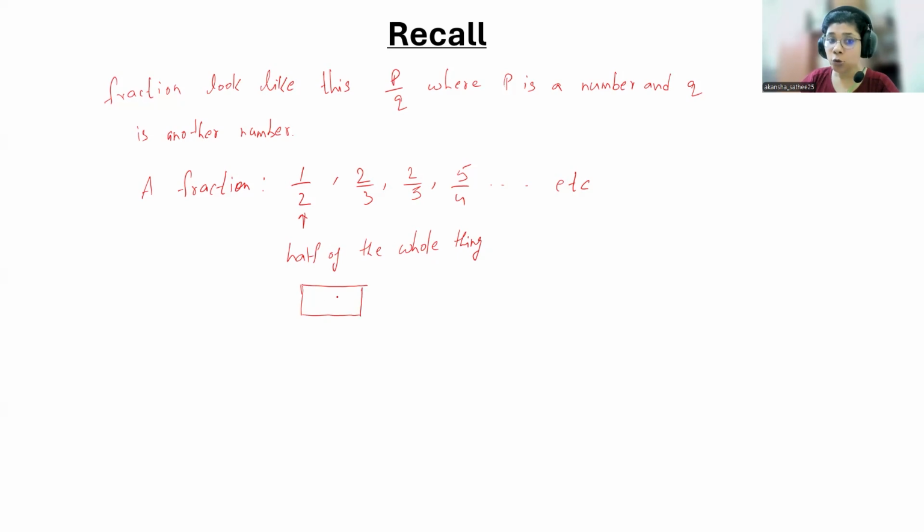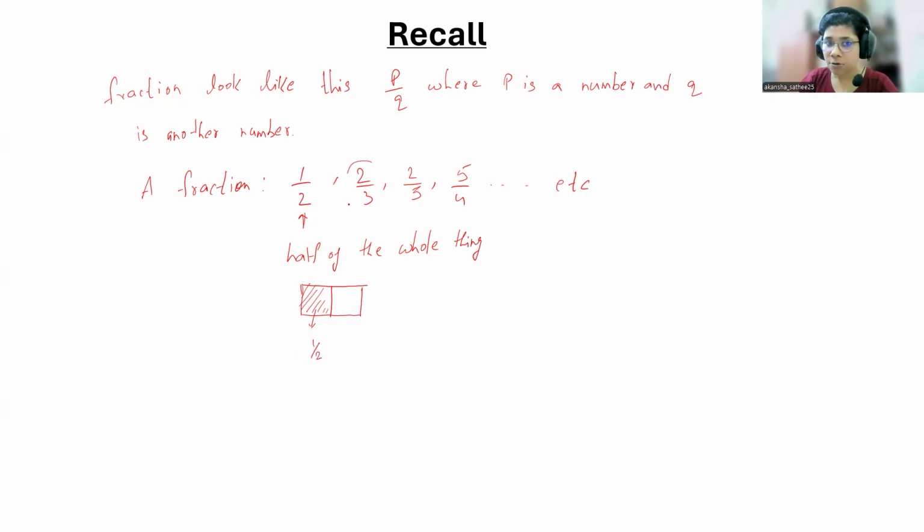You divide it into two parts. The number above the line is known as the numerator. The number below the line is known as the denominator. So you have a whole box, you divide it into two pieces, and 1 by 2 represents one of the pieces.